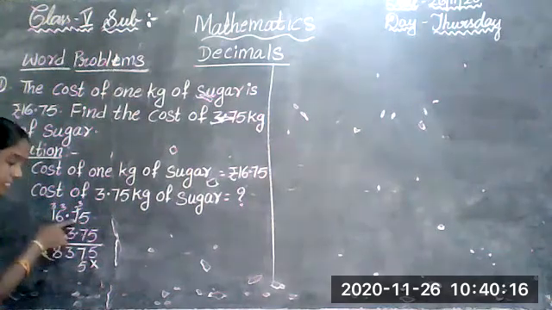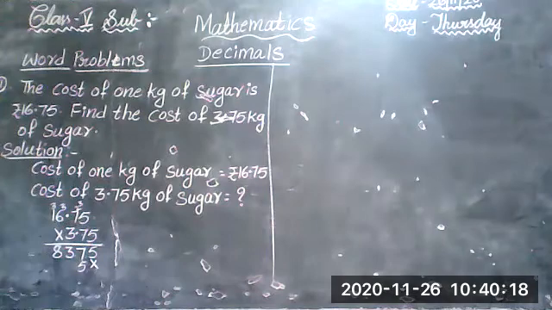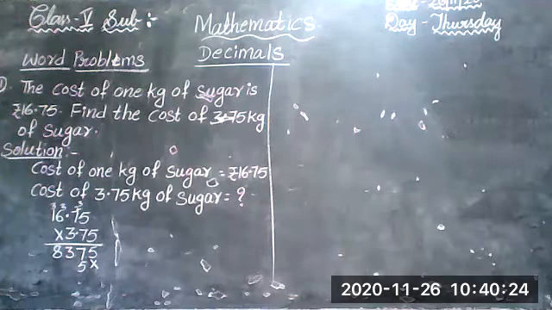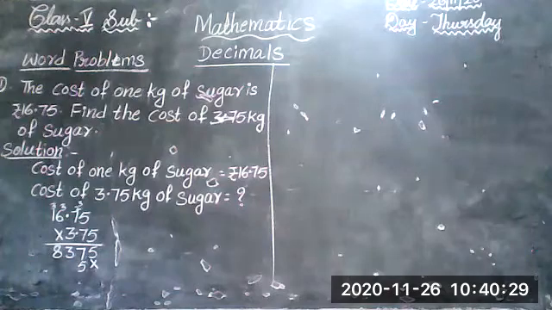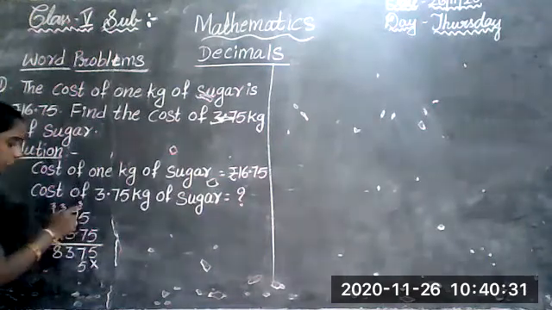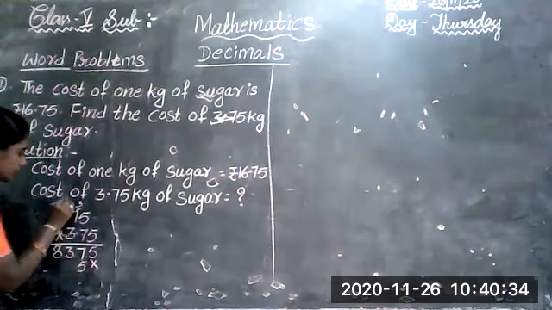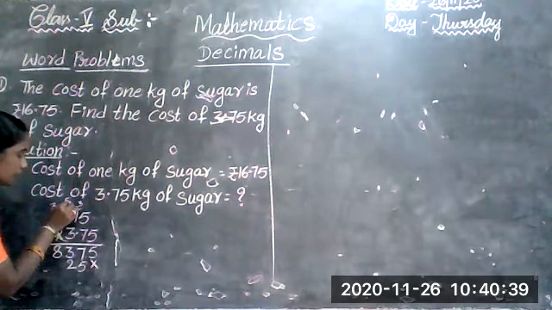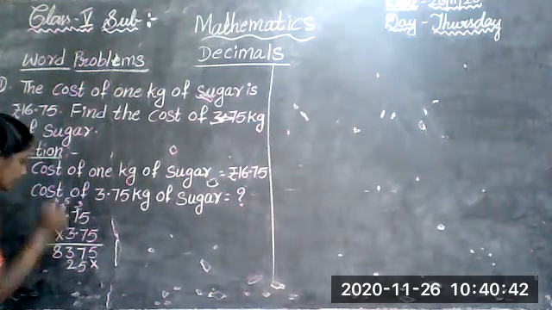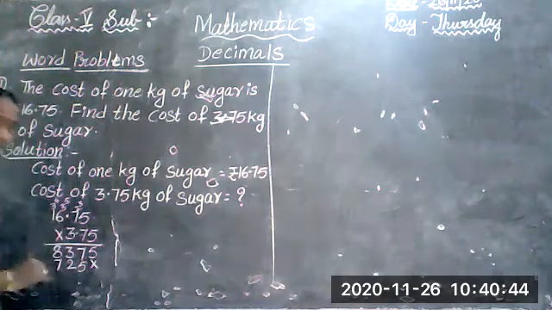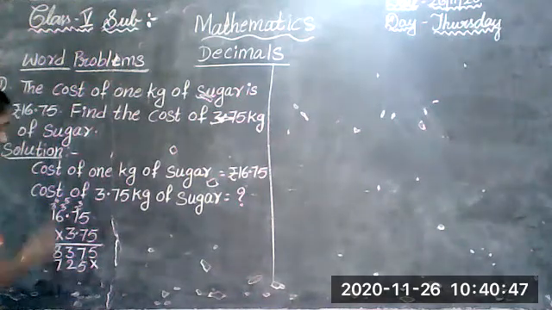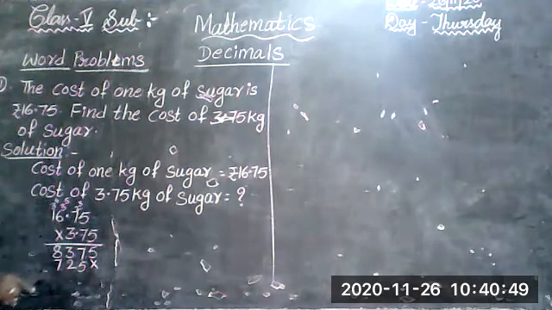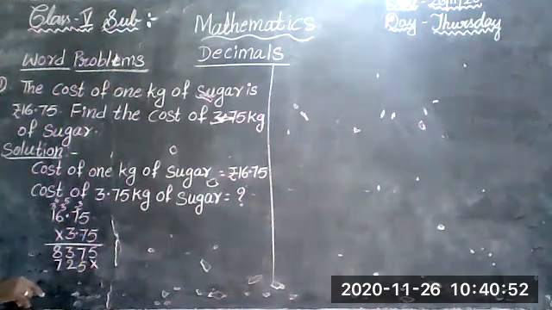Carrying them. 7 7s are 49, 49 plus 3, 52. Next 7 6s are 42, 42 plus 5, 47. Next 7 1s are 7, 7 plus 4 is 11.